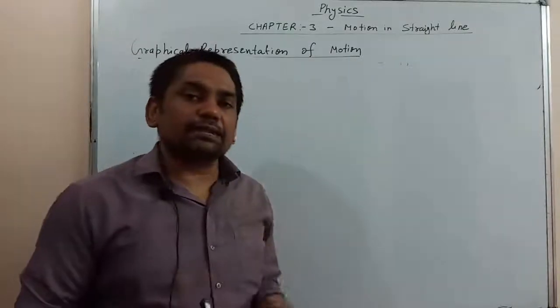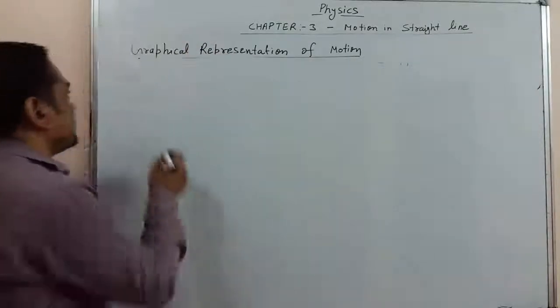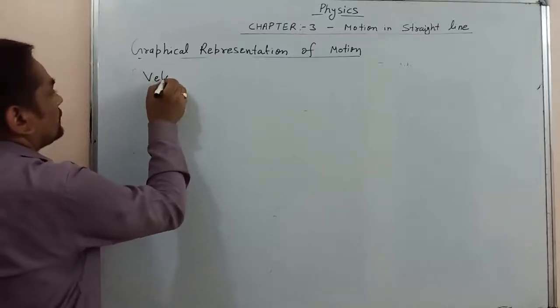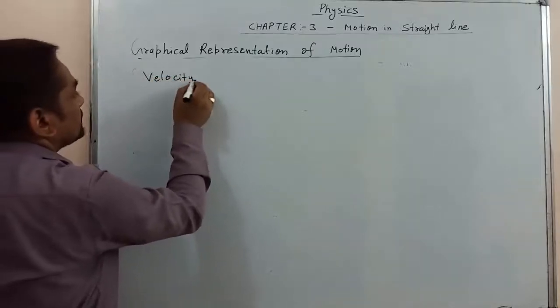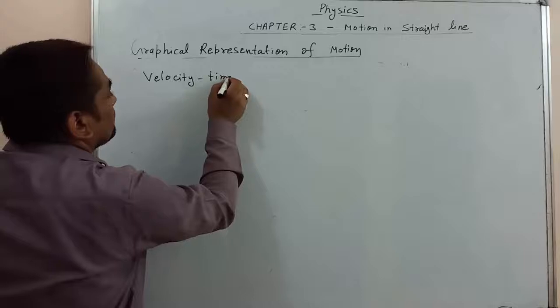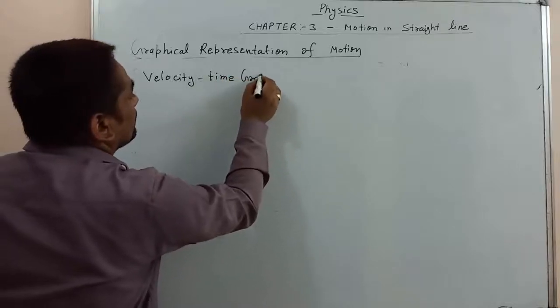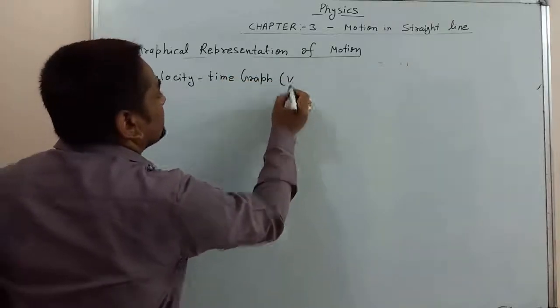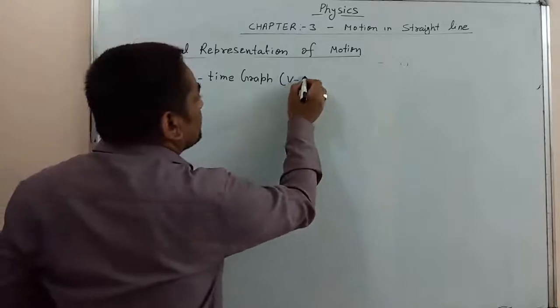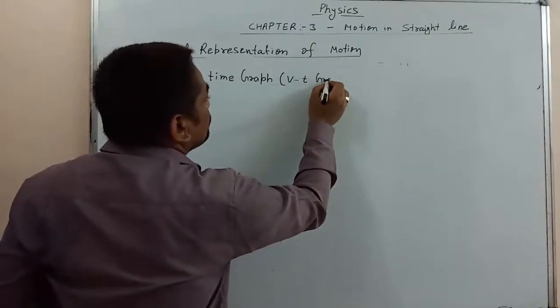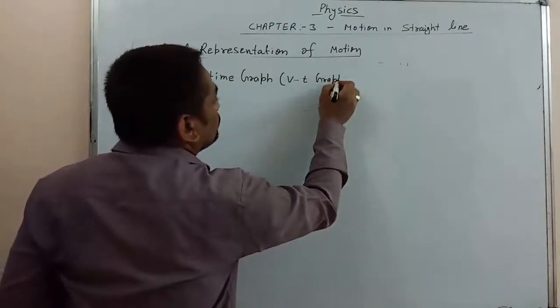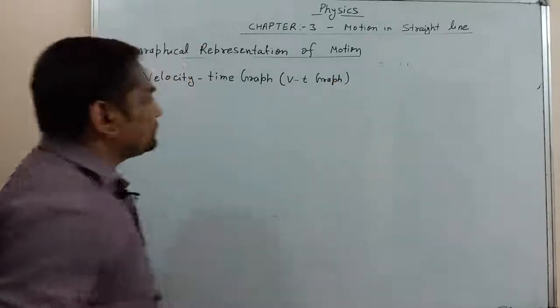The next type of graph is the velocity time graph. After the displacement time graph, we discuss the velocity time graph. Velocity is represented by v and time is represented by t, so this type of graph is also called a VT graph.